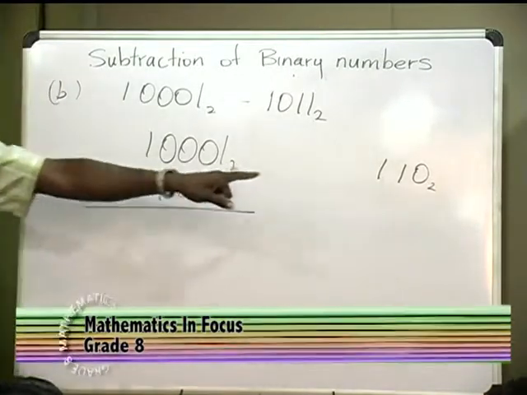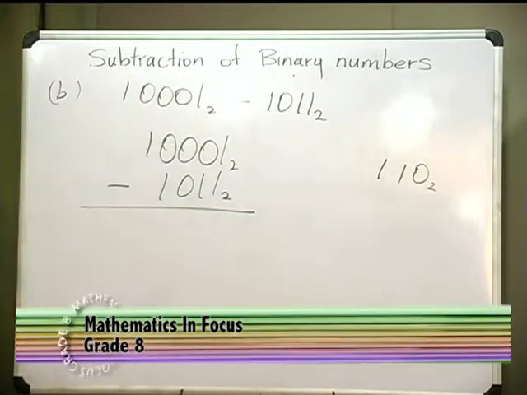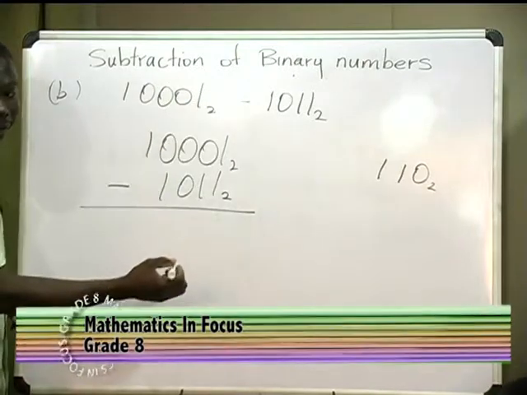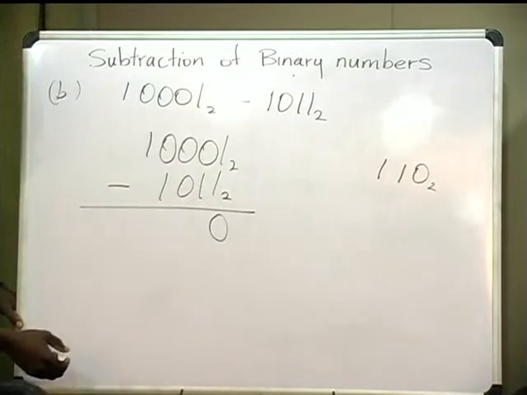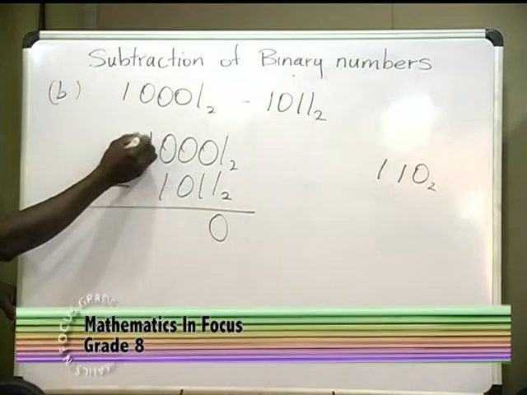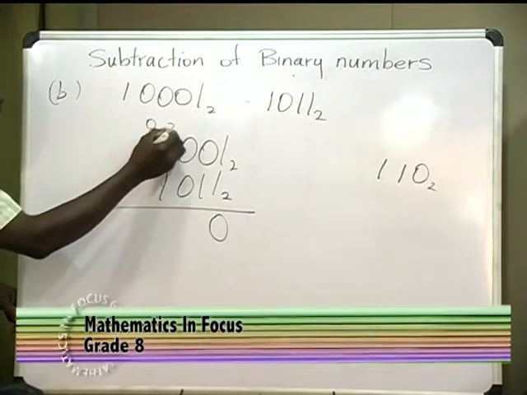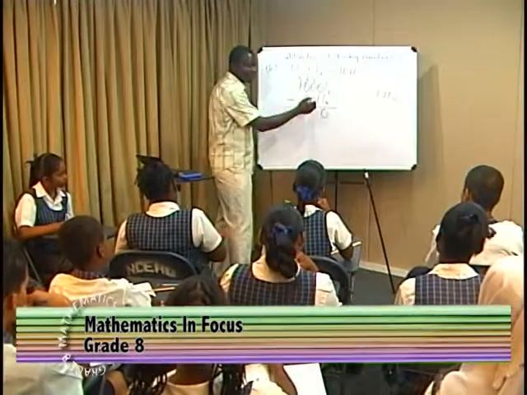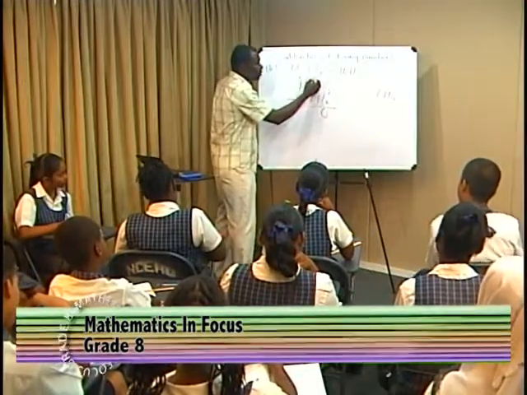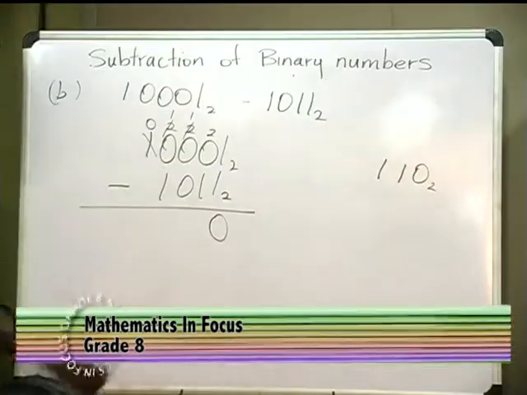Nobody wants to change their mind. All right, let's see. 1 from 1? 0. 1 from 0? So we have to come all the way back here. This becomes 0. This then becomes 2. Take 1 from this, it drops to 1, this then becomes 2. Take 1 from this, it drops to 1, this then becomes 2.